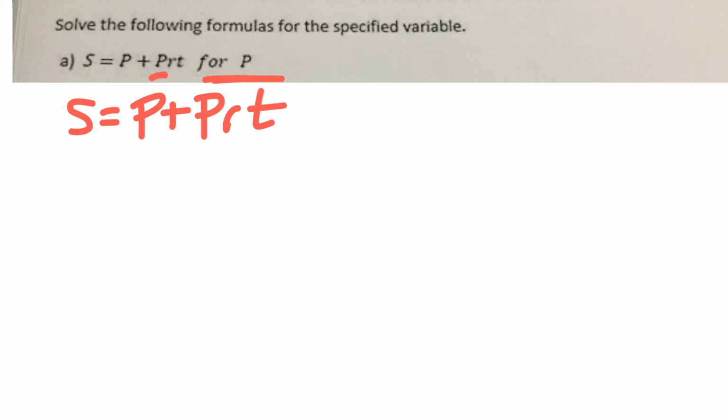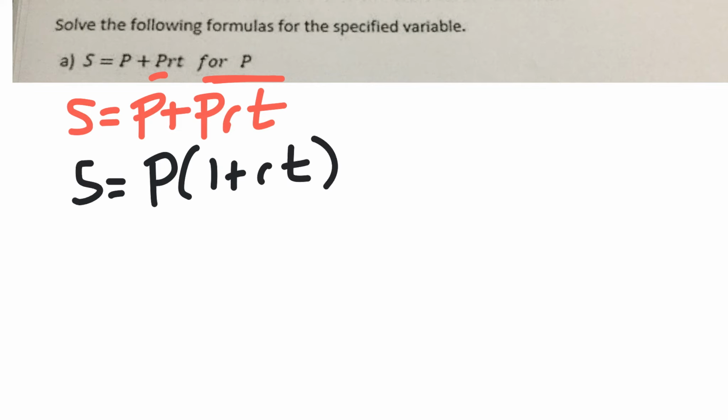Yeah, so we could factor a P out. Okay, so if I pull the P out, that leaves me with 1 plus RT. Factoring is a great way to rewrite two terms with the same variable as a single variable.